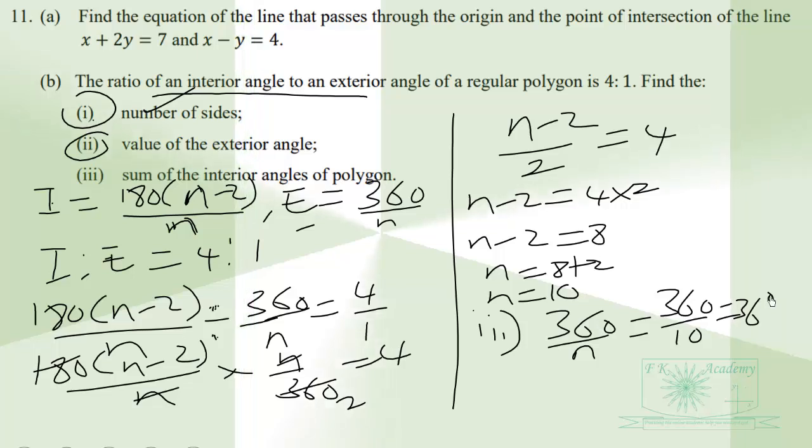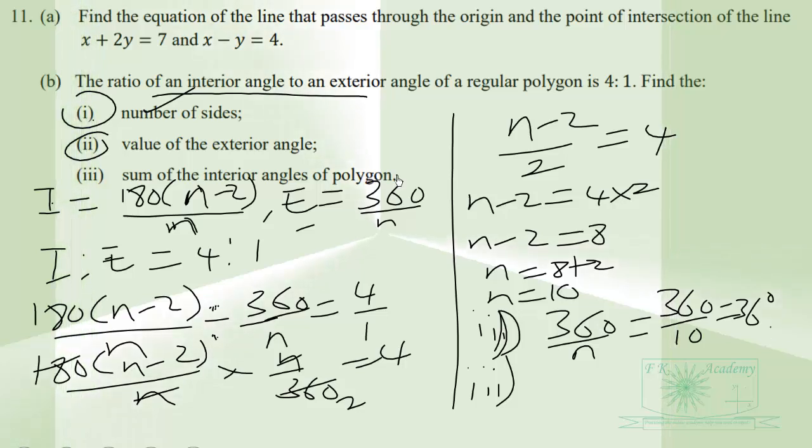Then the sum of the interior angles of the polygon. If the exterior angle is 36, then the interior angle will be 180 minus 36. And how many are they? They are 10.